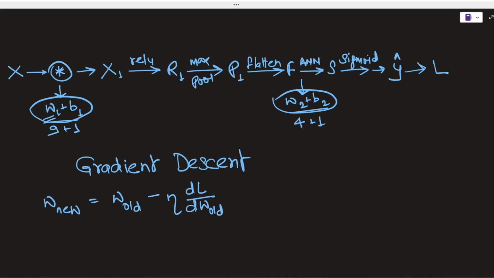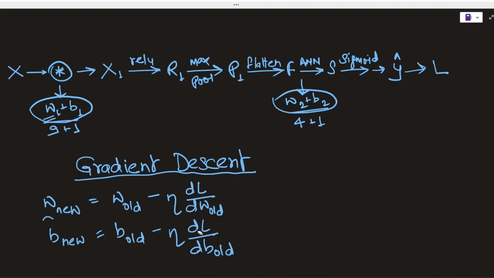It simply means how the value of loss is changing by bringing a very small change in the value of W old. Obviously at this point of time I am assuming that you are comfortable with extremely basic calculus or the idea of derivatives, so I am not going to focus so much on that. And in exactly similar way, we also update the value of the bias, just like this.